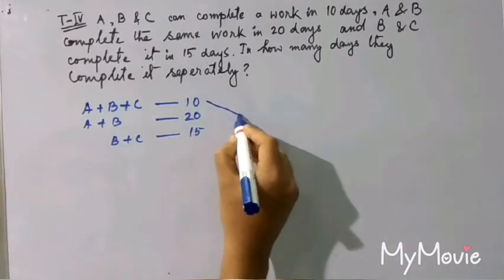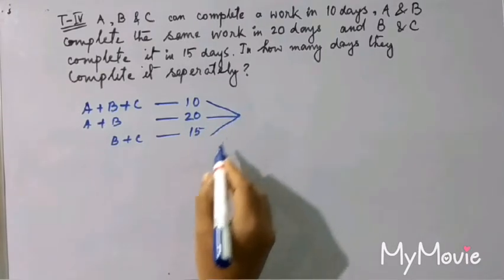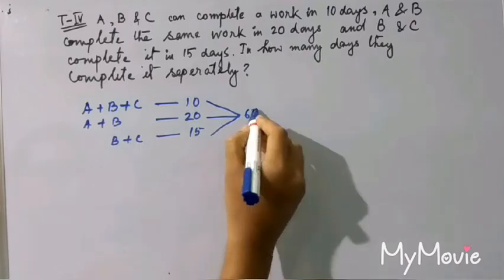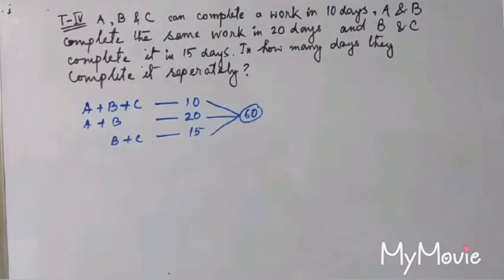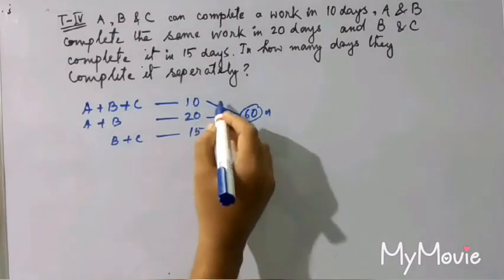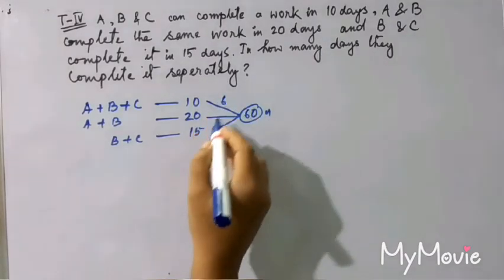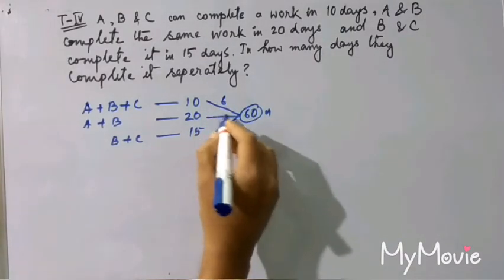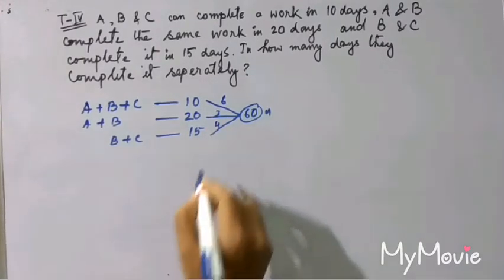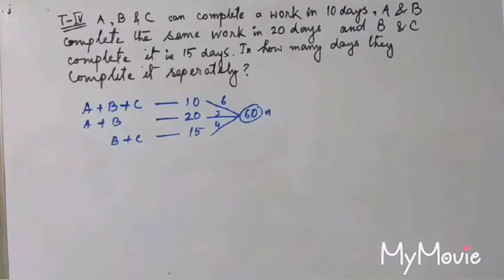Now work out the LCM of these three numbers, which is 60, representing the total unit of work. Now when divided by 10 gives 6, divided by 20 gives 3, divided by 15 gives 4. These three numbers represent the unit performed by the concerned workers per day.